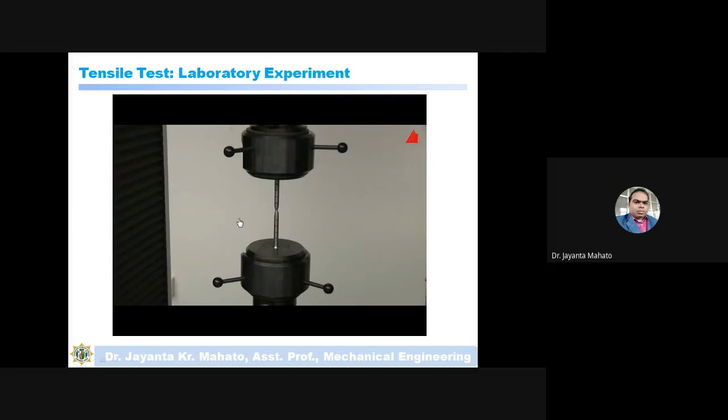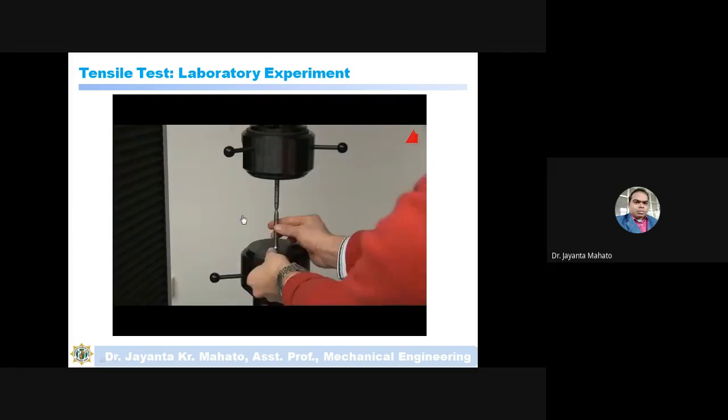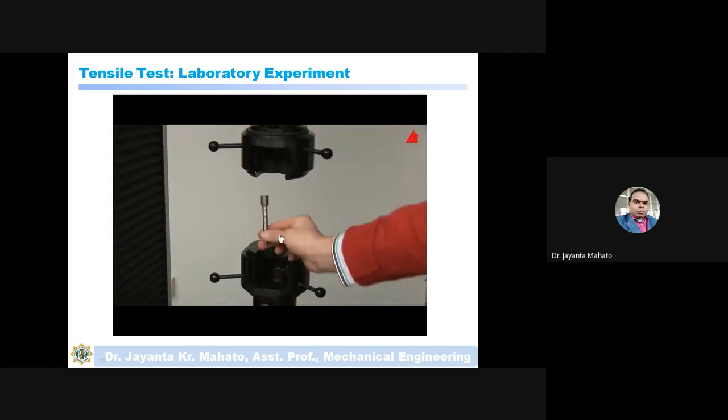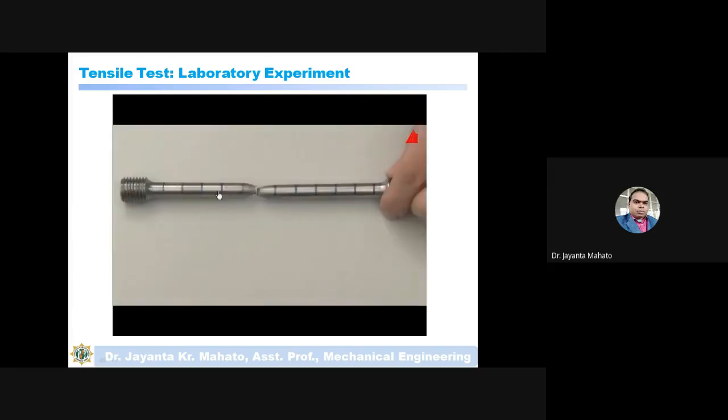So this is the fractured specimen, and this is how it looks after fracture. After the fracture, you can also measure how much the length has increased after the test.